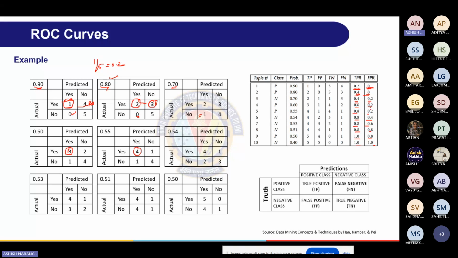Look at this point. You have true positive rate as 80%, false positive rate is 0.2. This will be closer towards that perfect point, right? So if you look at this particular model at 0.55, this is giving you the best results, I mean, good results overall, better than the others.